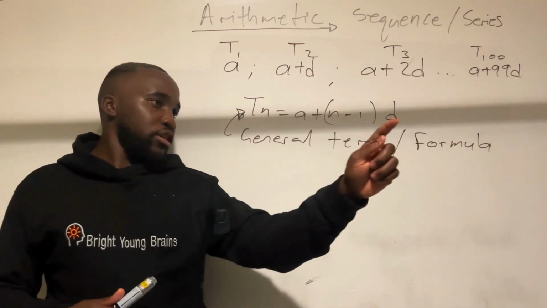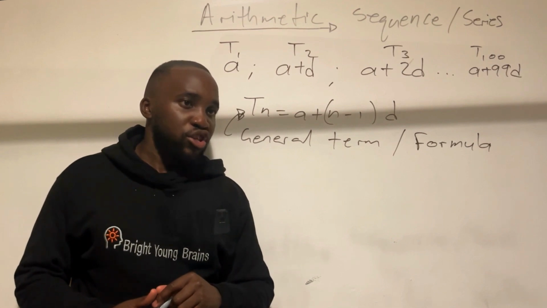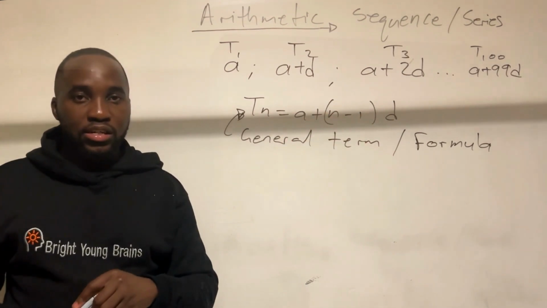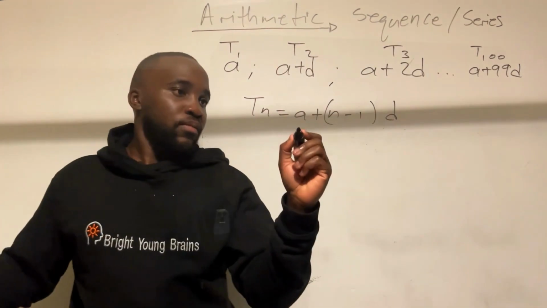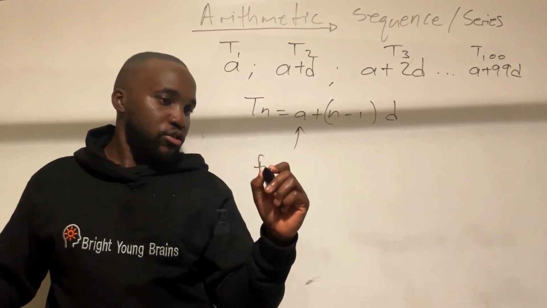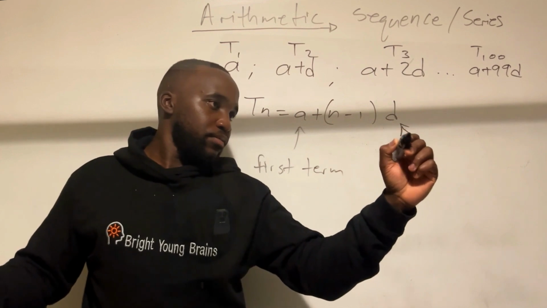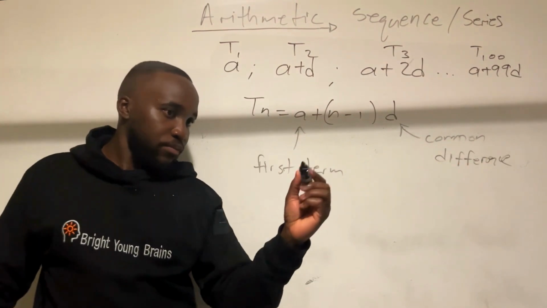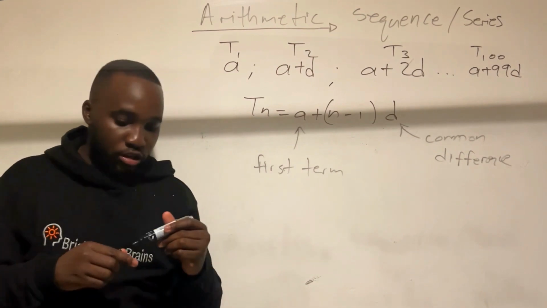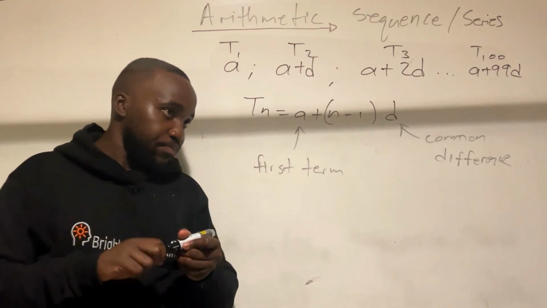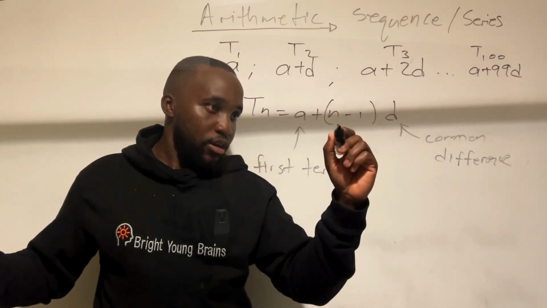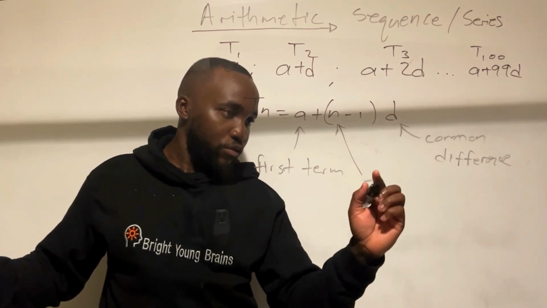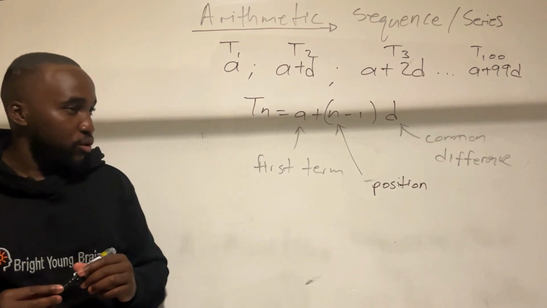Now, in this particular general term, A, N, and D mean certain things. A is your first term, D is your common difference, and lastly, N is the position of whatever term you will be talking about.